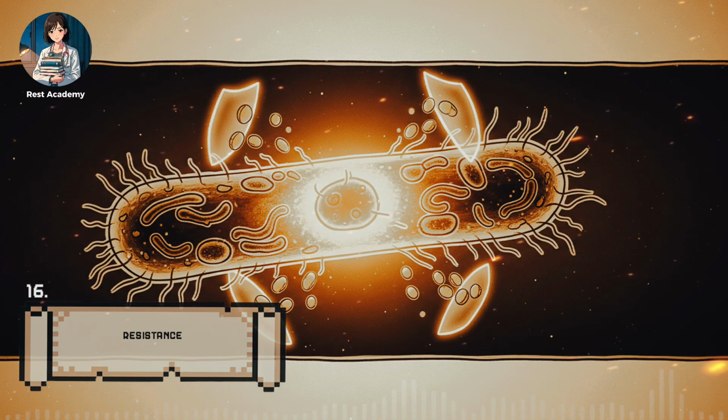Methicillin-resistant Staphylococcus aureus, MRSA, owes its name to an altered PBP with low affinity for nearly all beta-lactams, a structural rewrite that blunts the entire tool class. Multi-drug-resistant Pseudomonas aeruginosa combines efflux, porin changes, and beta-lactamases, creating layered defenses. Each example reinforces that resistance is not a vague label but a specific mechanism at work.